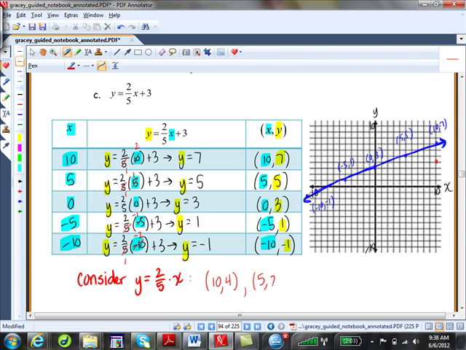We would have 5, 2. Right? We would have 0, 0. And we would have -5, and we would be down to -2. And then we would have -10, and that would be at -4. Right?